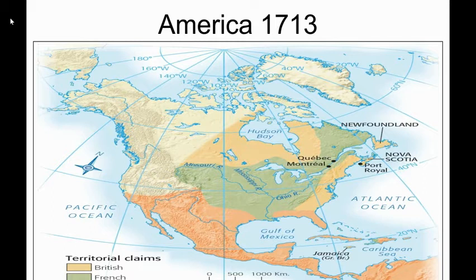But then the heart of Canada, the southern part, and more importantly, the Mississippi and Ohio River valleys, the Great Lakes area where the heart of the fur trade was, this is what the French controlled as of 1713. You can see that the British had control over what we call the 13 colonies area, and then the Spanish had the Southwest, and they also had Florida at this point.